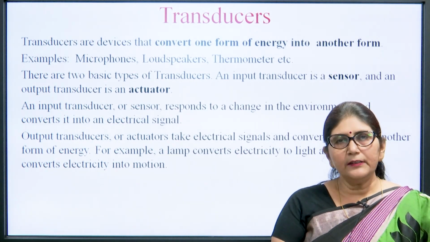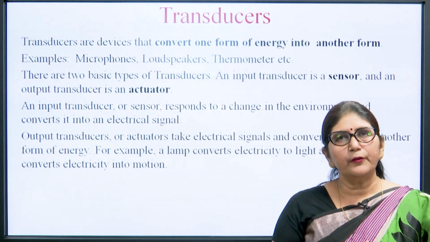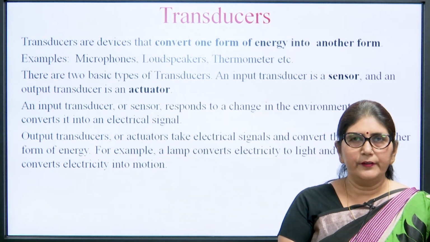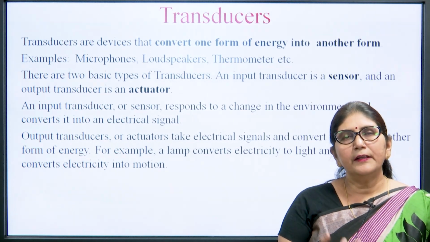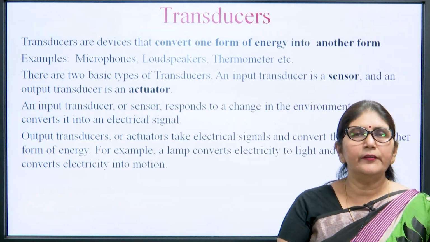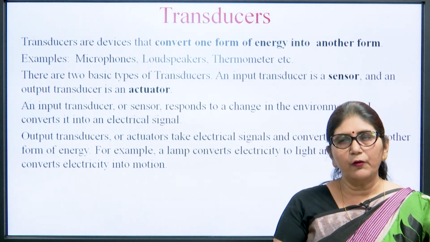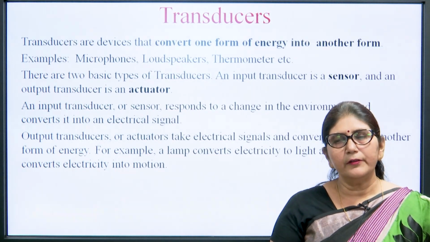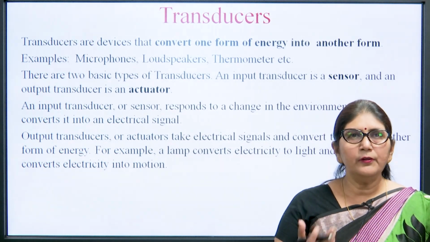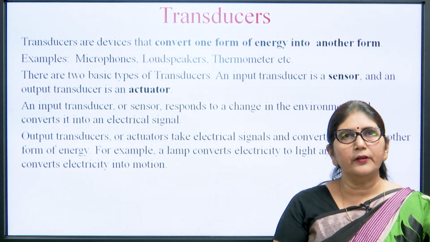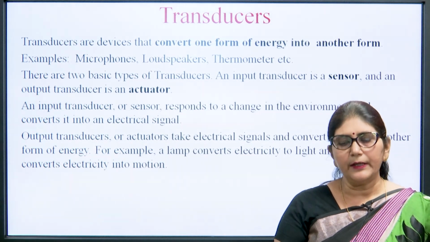That device which converts the electrical signal into another form of energy is known as an actuator. The lamps also convert electricity into light. Similarly, the output of a CRO converts the electrical signal into light signals. These are known as actuators. So every transducer has two parts, sensor and actuator.